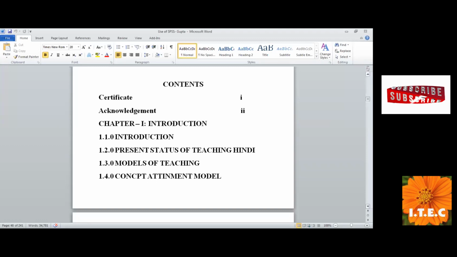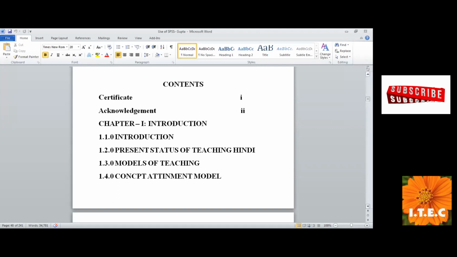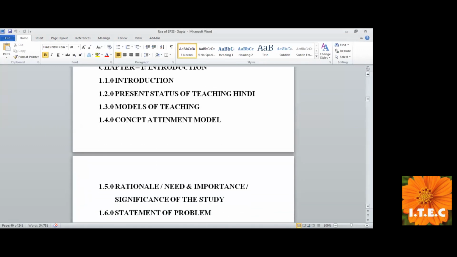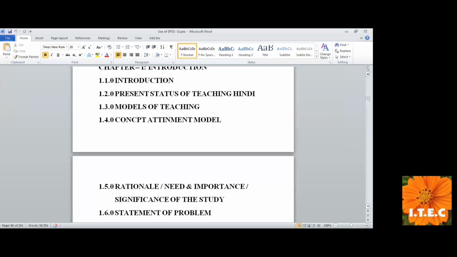So 1.1, how will you write? I will tell you. 1.2, 1.3 and 1.4 or maybe 1.5, all these will depend upon your own research problem. 1.2, 1.3, 1.4, 1.5, maybe 1.6, will form the basics, the fundamentals of your research.